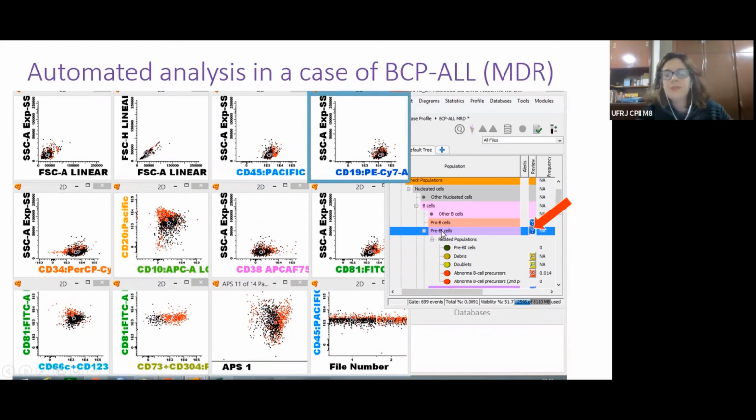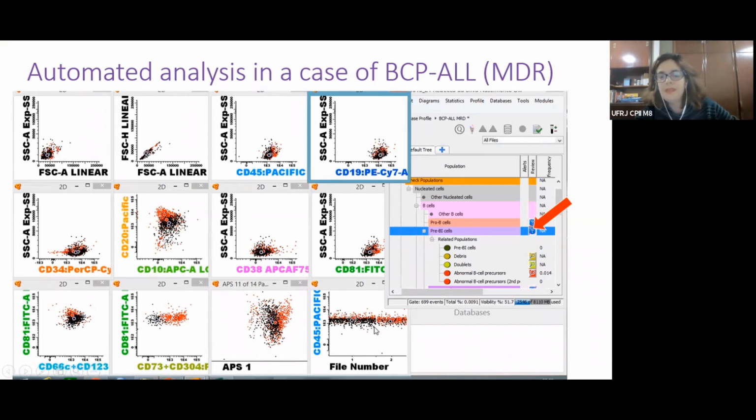The program supposes these are preview 1 cells, and it puts all these options. These are very small cells, but the phenotype is CD10, CD20 positive, CD34 positive with CD38 negative, with the expression of CD66c plus CD123.